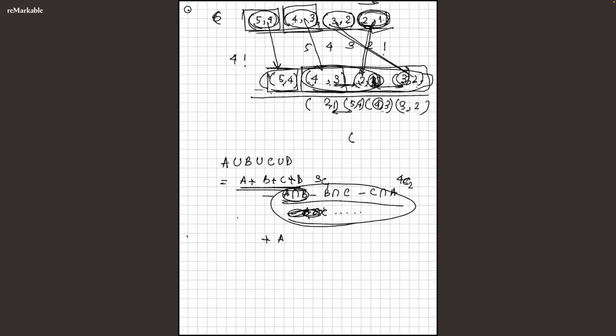Now, how many ways can you do A intersection B intersection C? 4. And how did you get that? 4 choose 3. Then what do you do?